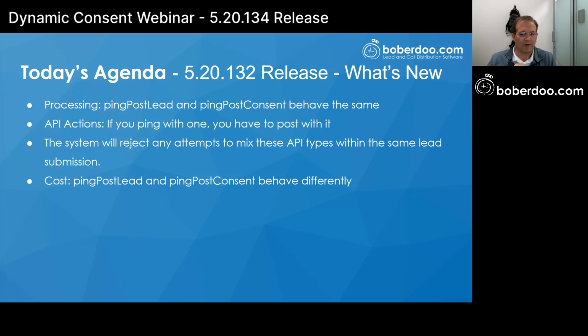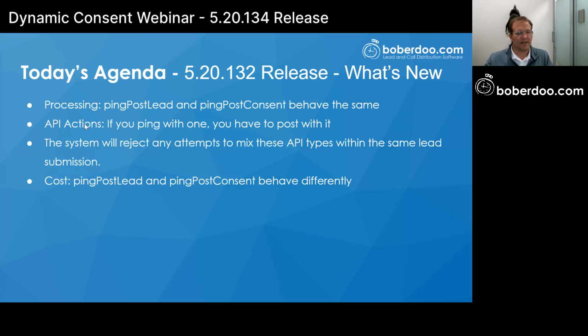If there are more partners than available partners per lead set at the source level, we sort those matches. That can be by best revenue scenario, by best price, by priority, or weighted logic. The update today ties the processing logic to be the same for both ping post lead and ping post consent API.